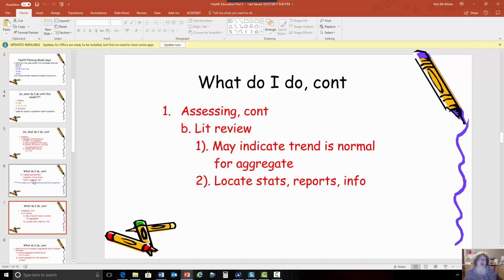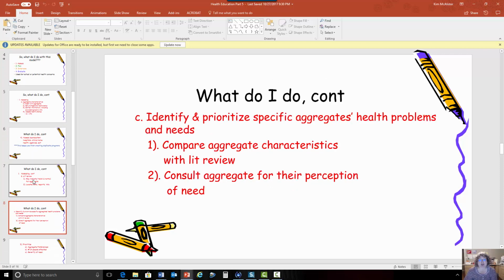Is this something that there's a lot of information on? Is this some kind of new public health threat or concern? You're going to be looking at all types of information, other research that's done on it, what statistical information is available, what reports have been done, are there white papers, are there other resources that you can use.